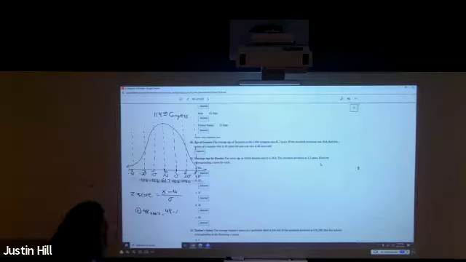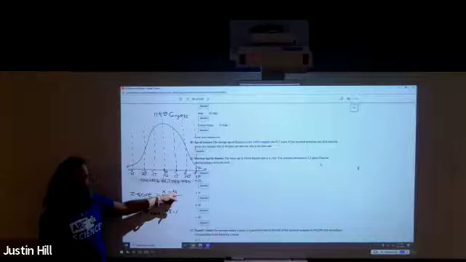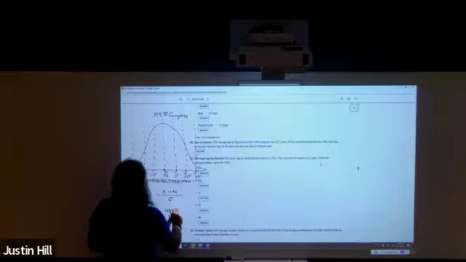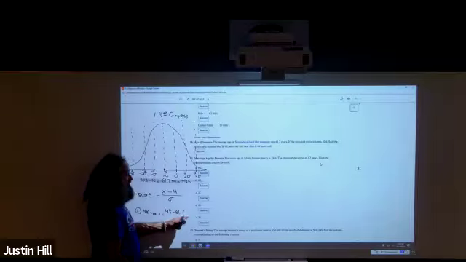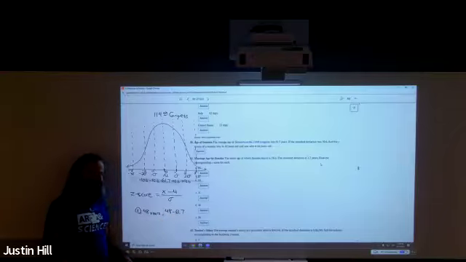I'm literally just plugging into this formula the information they're giving me. Notice this is the same little calculation that we did for standard deviation, the deviation part of it. How far is it away from the mean?